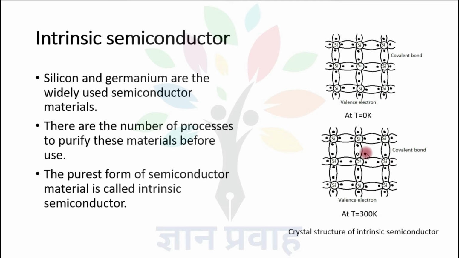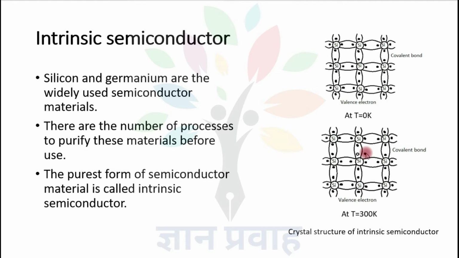So at high temperature, the free electrons will be there, and these free electrons are responsible for current conduction. For electronic devices, we require current conduction. So intrinsic semiconductor material can be used for making electronic devices by creating a large number of free electrons. It is possible when we increase the temperature.